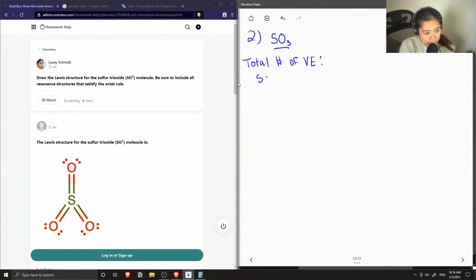Sulfur has 6 valence electrons, and oxygen also has 6, but since there are 3 oxygen atoms, we multiply this by 3. So in total, this gives us 24 valence electrons.